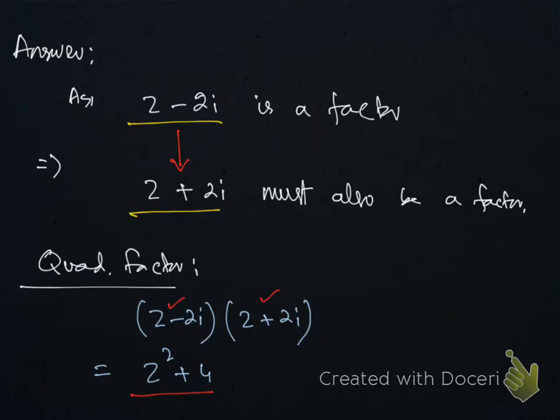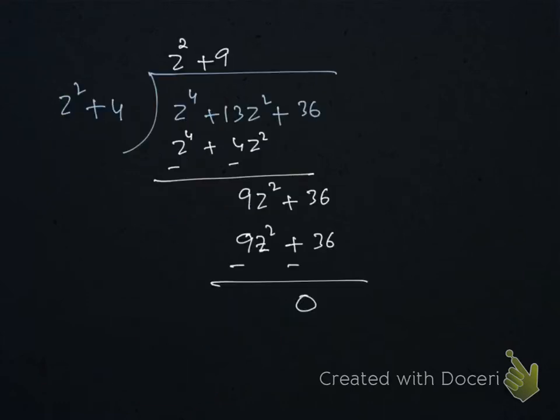Make sure while using long division, don't write z star here. Just write z and just change the sign of the imaginary part of the factor. By using long division, we can get the other quadratic factor, which is z square plus 9.